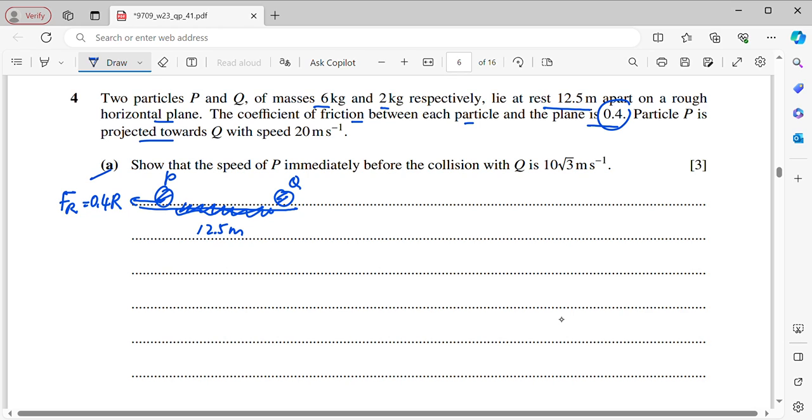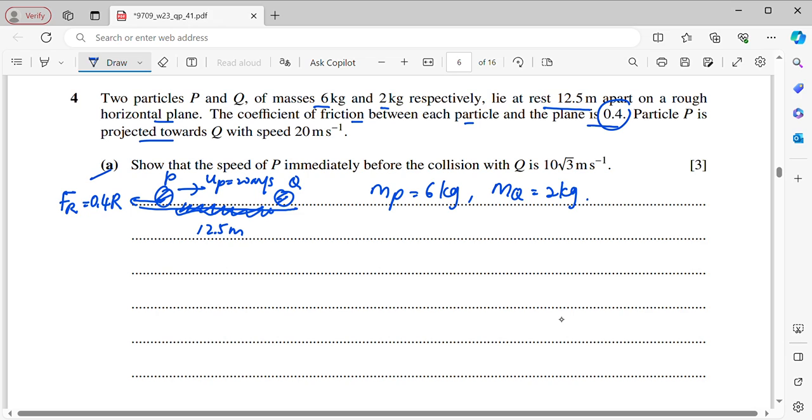Now towards the Q, this is your U. UP is 20 meters per second. Now show that the speed of P immediately before the collision with Q is this. So your MP is 6 kilograms, your MQ is 2 kilograms.